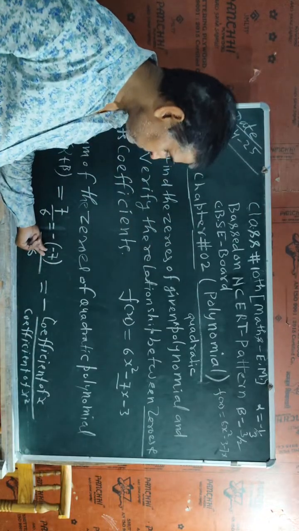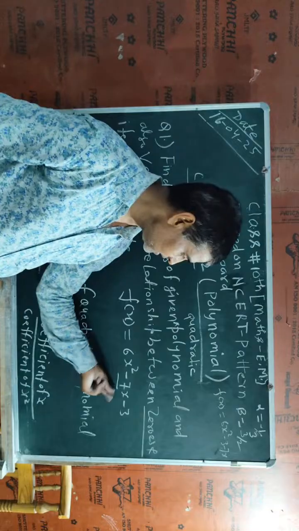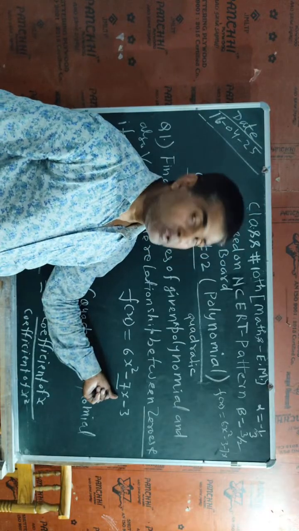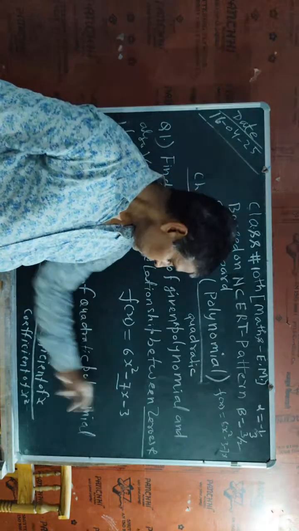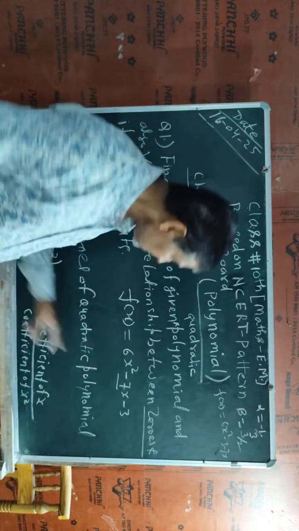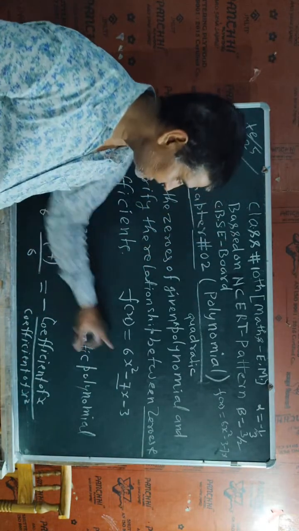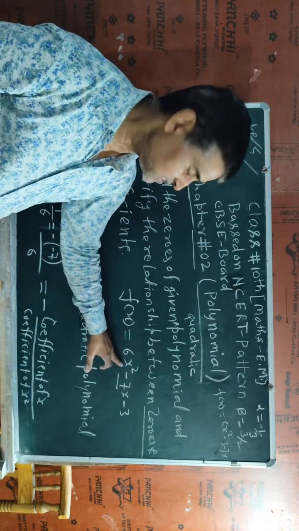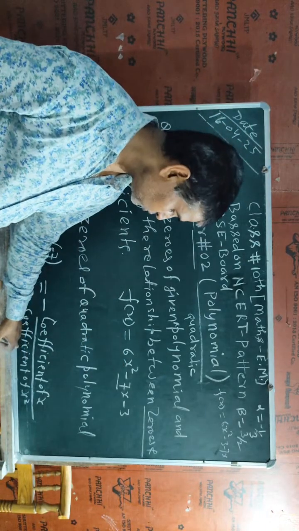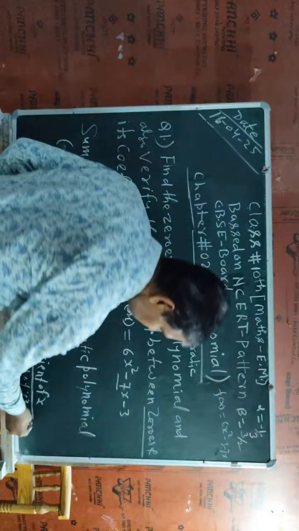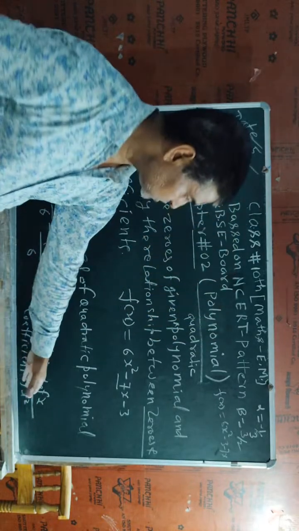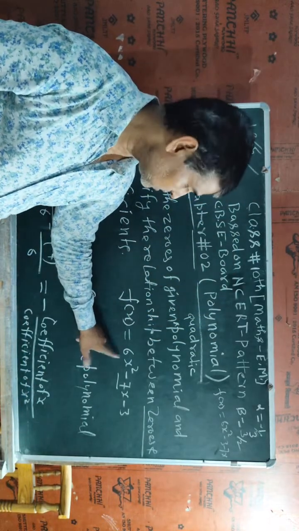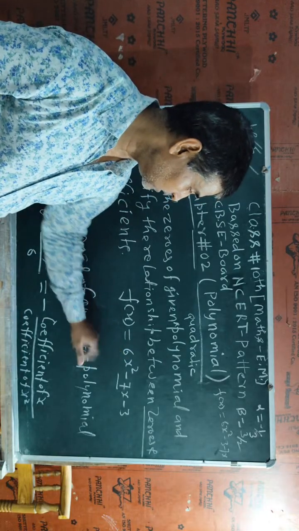So in the place of minus 7 I have written this minus 7, which is available in the form of coefficient of x. So I have written here coefficient of x, and in the place of 6, this is the coefficient of x square. I have written coefficient of x square, and this is the sum of the zeros from this given quadratic polynomial.